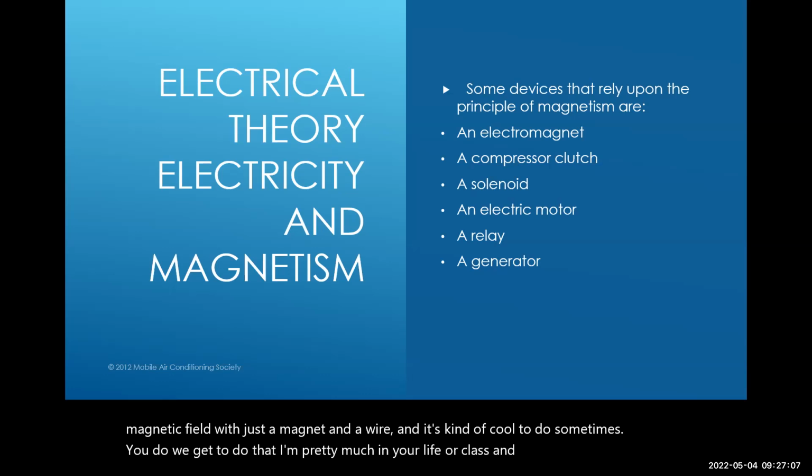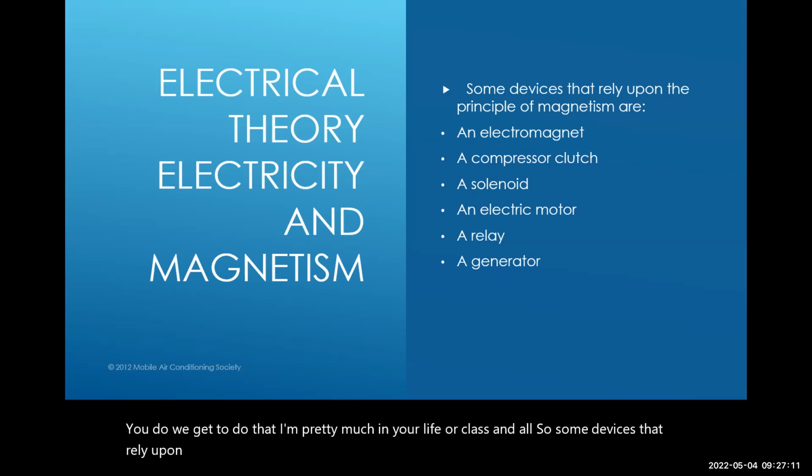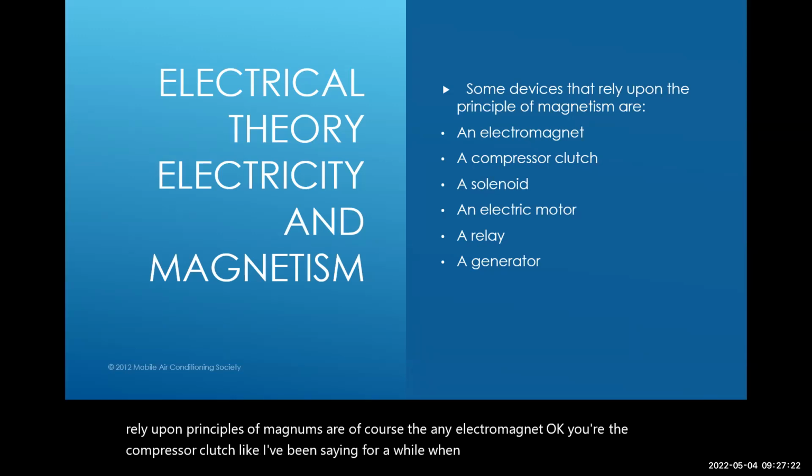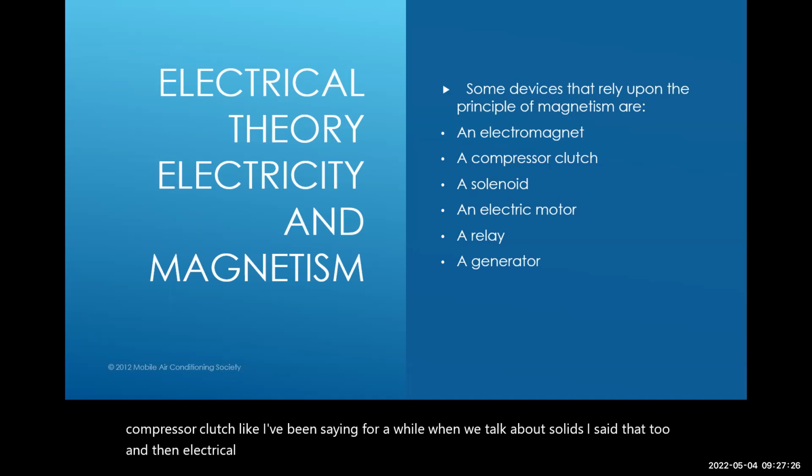So some devices that rely upon principles of magnetism are, of course, any electromagnet, the compressor clutch, like I've been saying for a while, and solenoids, I said that too. And in electric motors, think about it: how does that spin the blower motor?